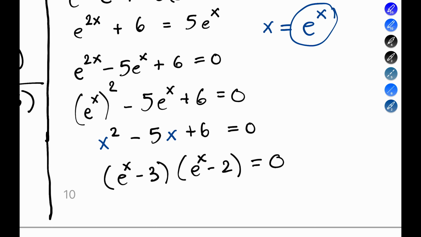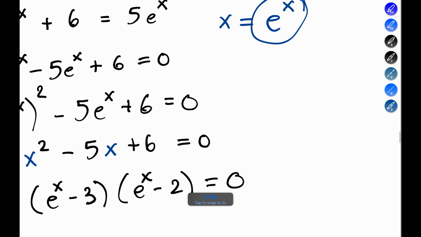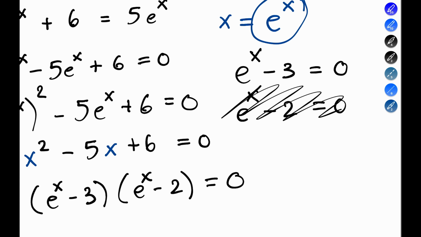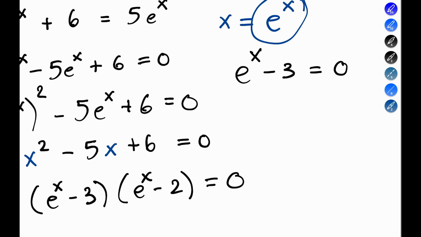And now we have two different equations: e to the power of x minus 3 is equal to 0, and e to the power of x minus 2 is equal to 0. So let's first work on e to the power of x minus 3 is equal to 0. We can add 3 to both sides, and it'll become e to the power of x is equal to 3.